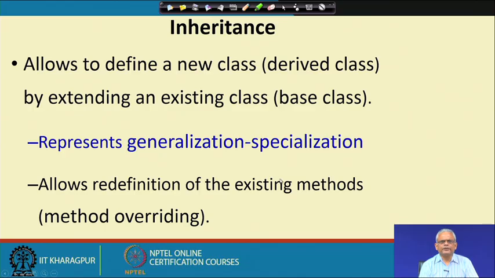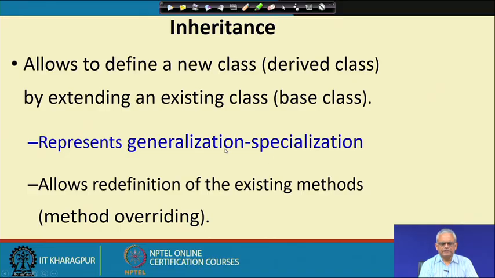Inheritance is a powerful mechanism in object orientation. It allows us to define a new class called the derived class by extending the base class. Using inheritance, we can represent the generalization specialization relationship.